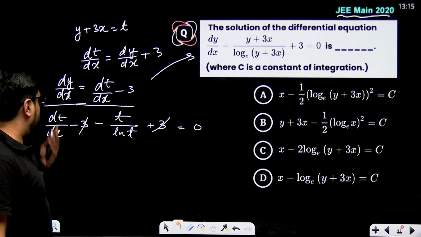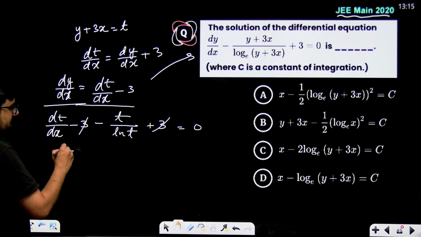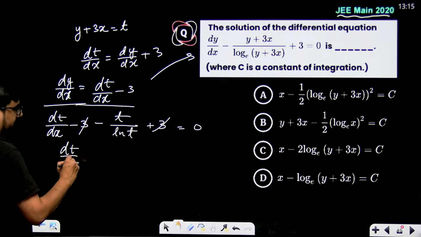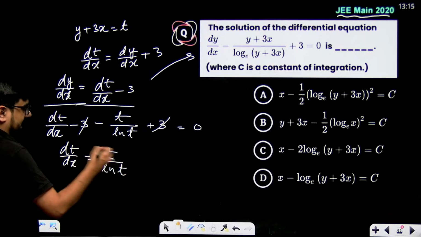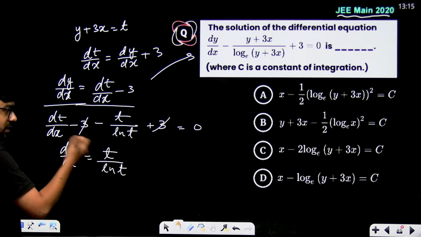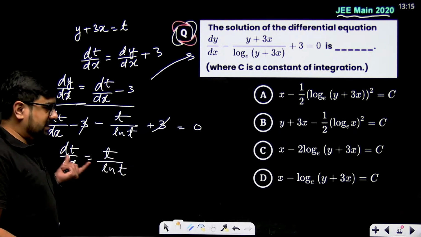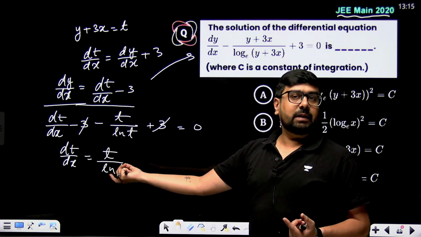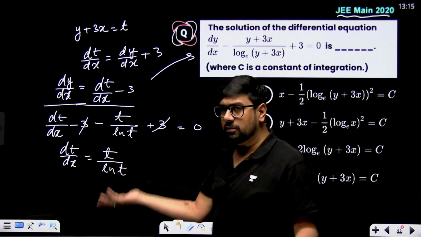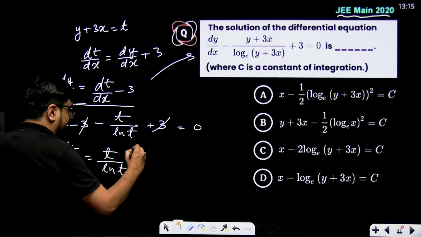Now, here dt by dx is going to become t by ln of t, and here we can achieve the variable separable form very easily, right? This looks exactly like what we do in variable separable form.